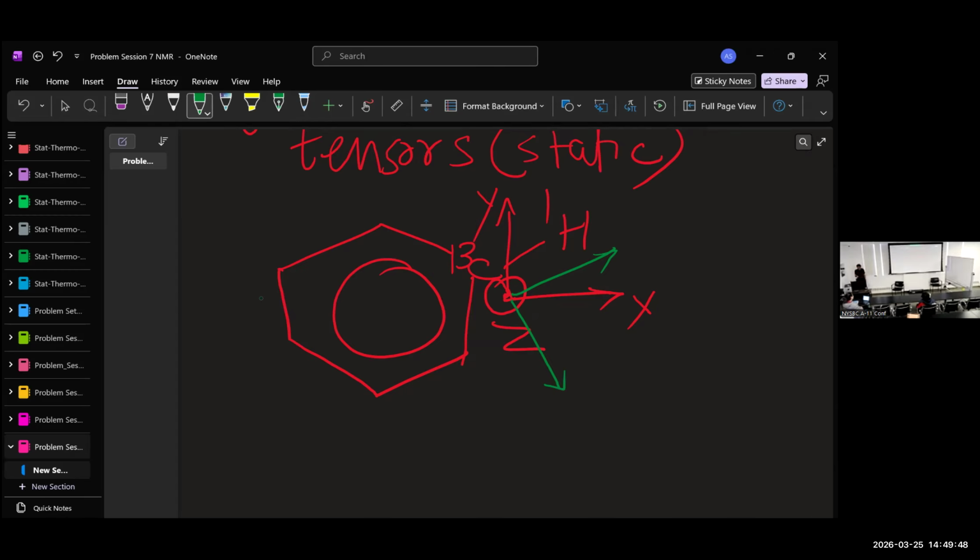So it turns out that the x-axis, if I remember correctly, lands along the CH bond, and then the y-axis is perpendicular to x and z. That's where the aromatic CSA tensor, which is far from uniaxial, closer to eta equals 1, will actually land.